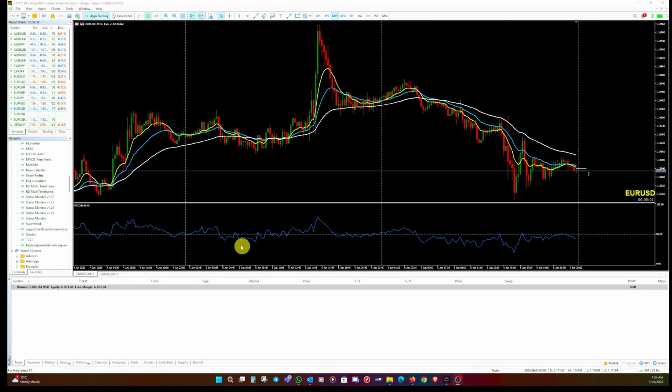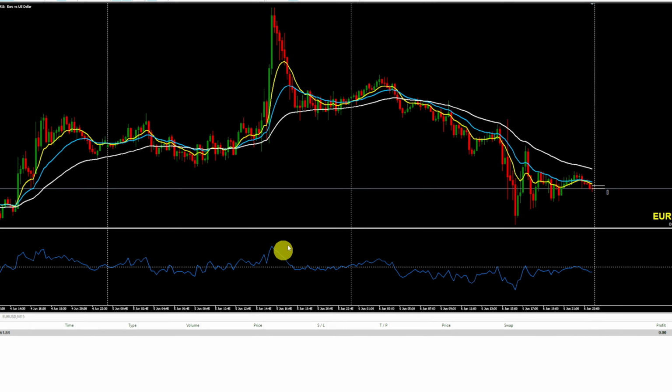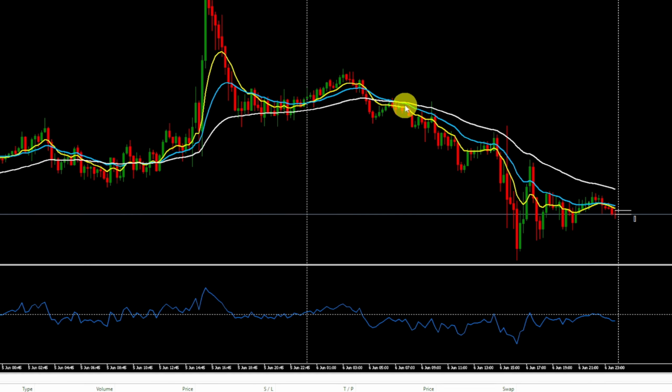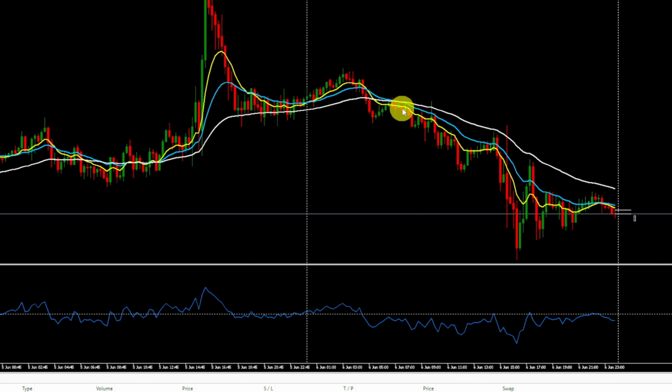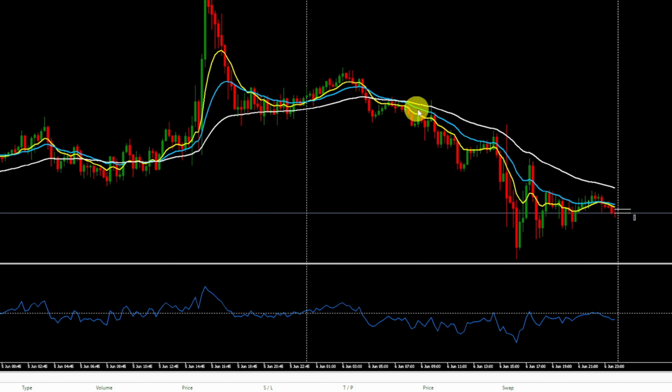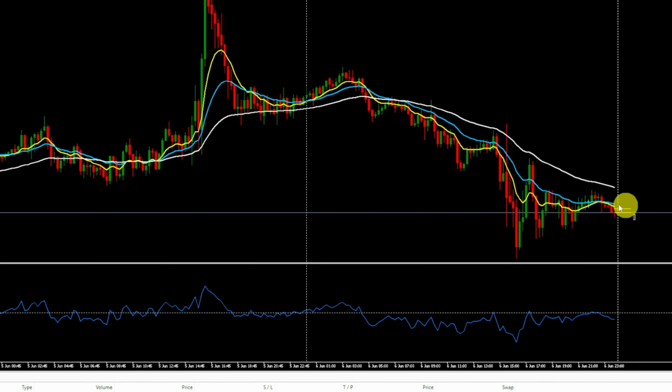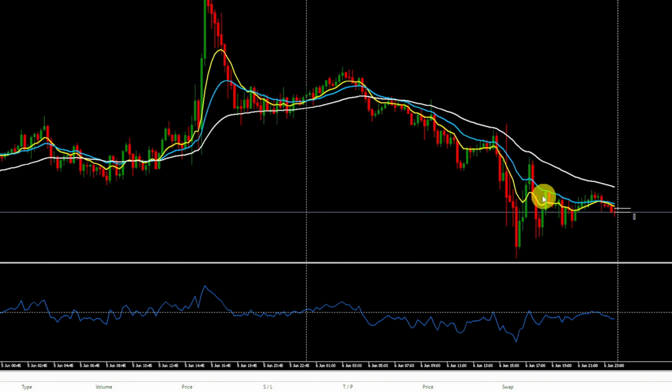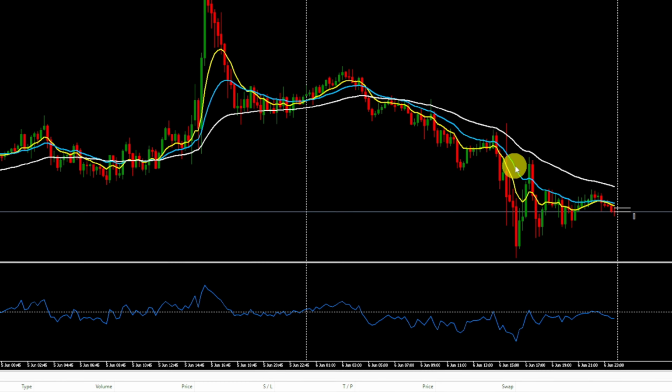So we have the RSI standard settings. It's RSI 14. We have a 50 line. So we want to look at the trend first of all using the moving averages. So here we've got the 3 moving averages going in a downward direction. So we'll say short in this case.